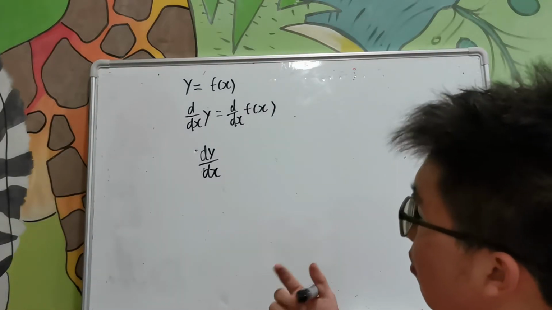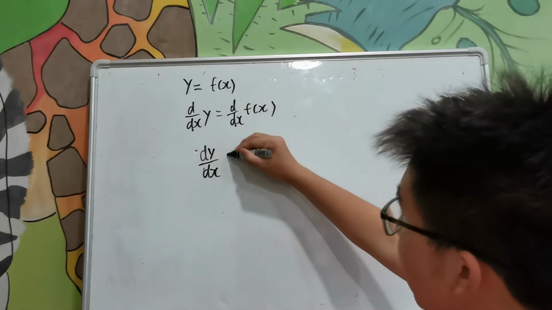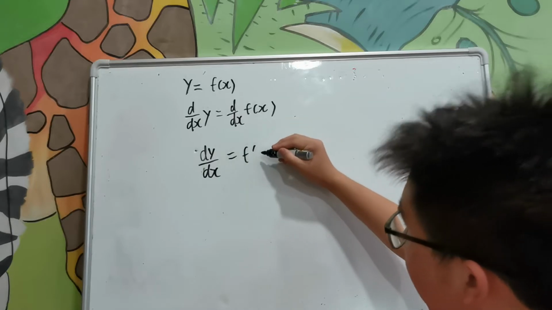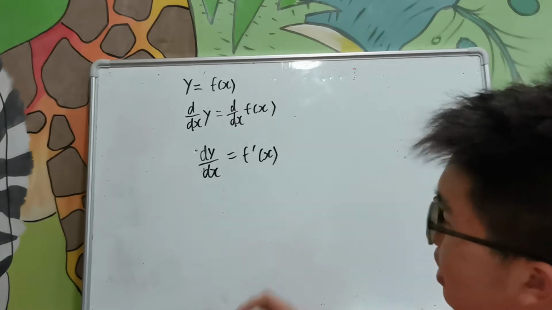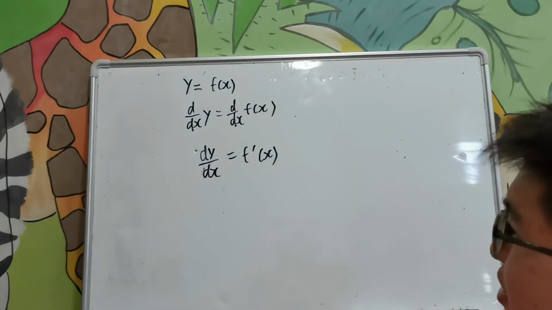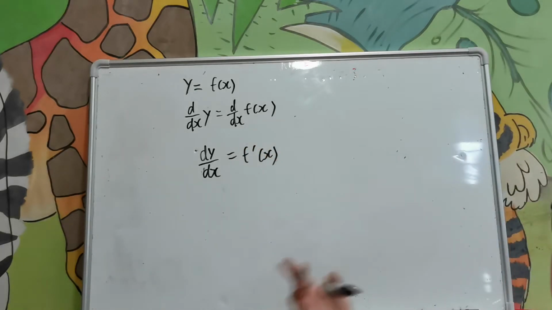However, if you want to write the first derivative of fx or y, the way you will write it is with a comma above the f and the bracket x. So this is the first derivative of y or first derivative of fx, assuming that they are the same thing.